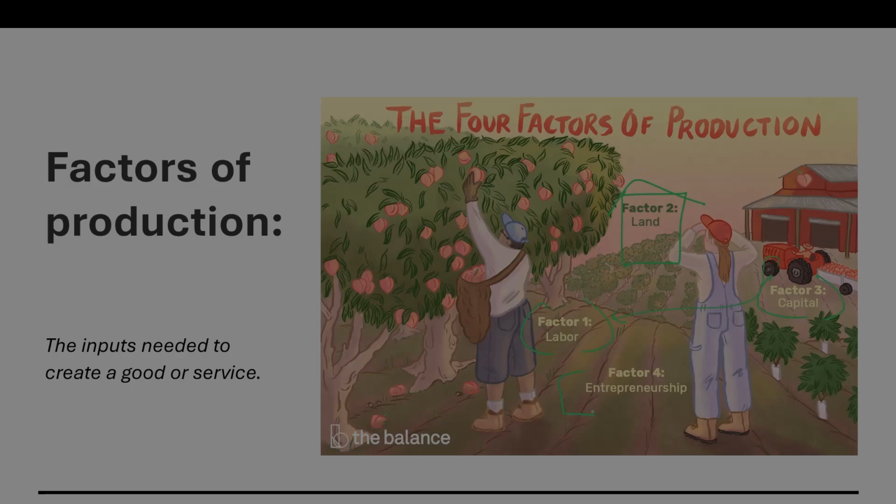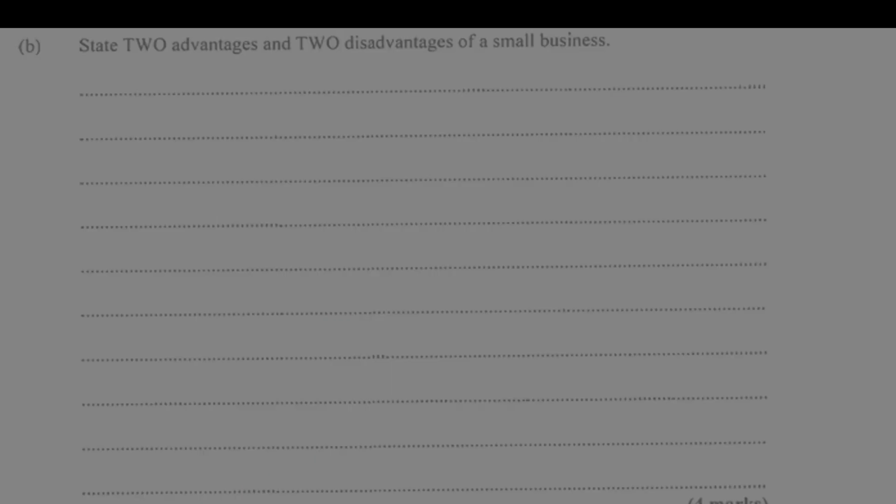And lastly, you need entrepreneurship. So you need someone who is willing to take the risk and to step out and try a new business venture. So the four factors of production, the four things you need to start producing goods and services are land, labor, capital, and entrepreneurship. Part B, state two advantages and two disadvantages of a small business.